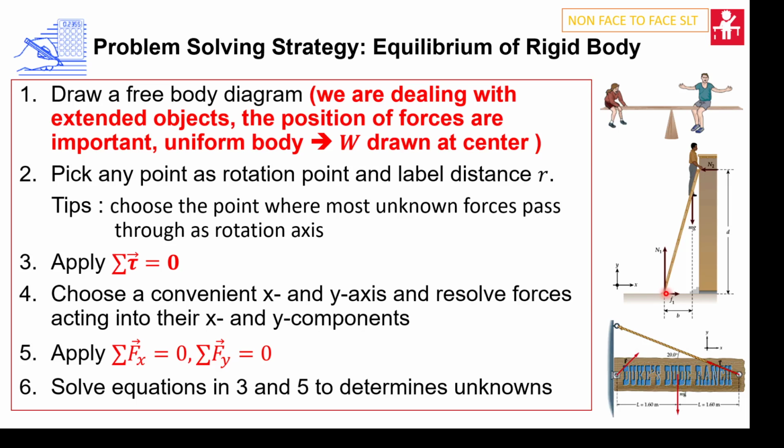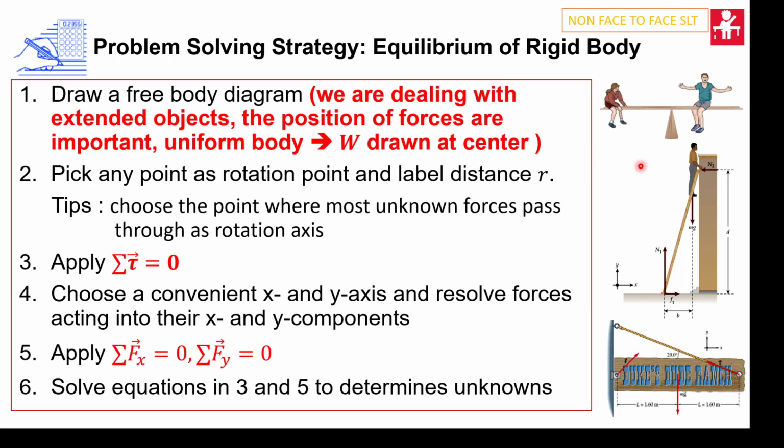From this point you would have a normal force moving upwards and a frictional force moving to the right, because the ladder should move a bit to the left. Then the person must have mass, so it has weight moving downwards, and you have a normal force pushing upwards to the left.